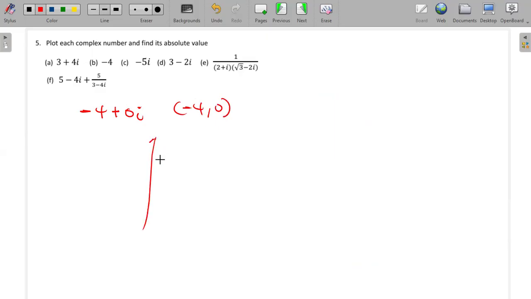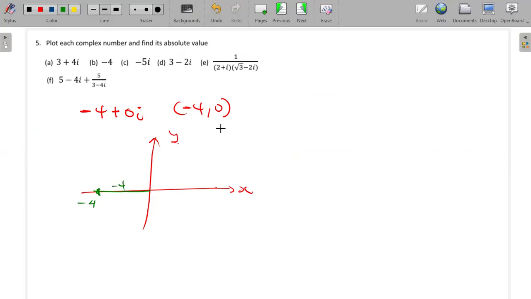So you go there like that. You have your y, you have your x. So -4, let's say 4 is there, -4 is there, and then in the y-axis you're moving 0 steps. So meaning it is just at that point, starting from the origin going to there like that. So this here is going to be your complex number, which is just -4.